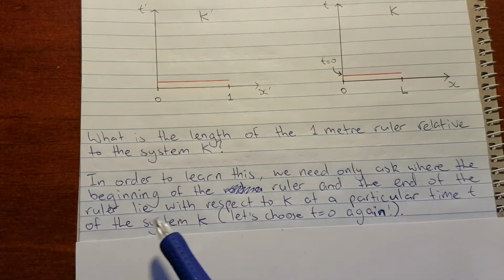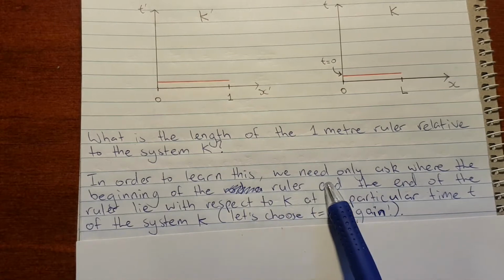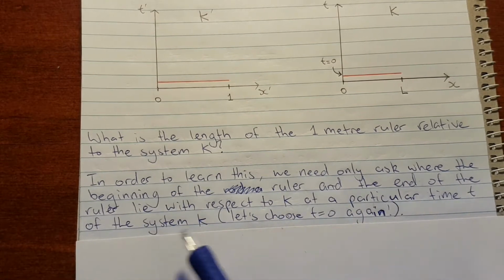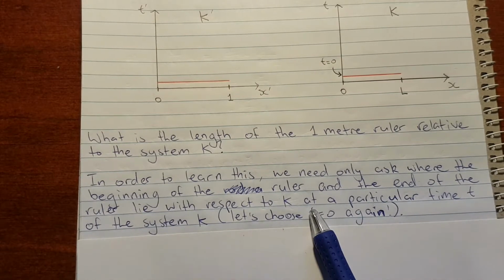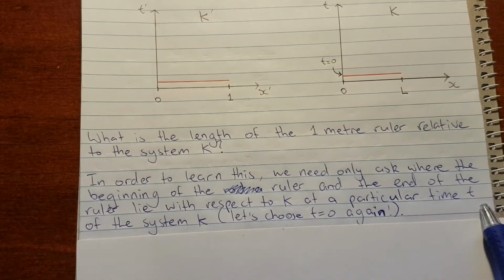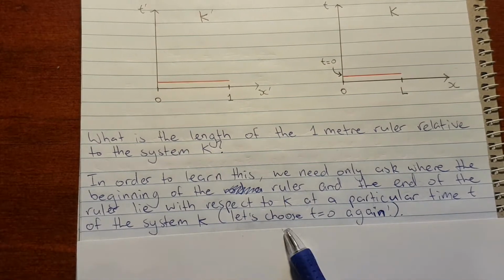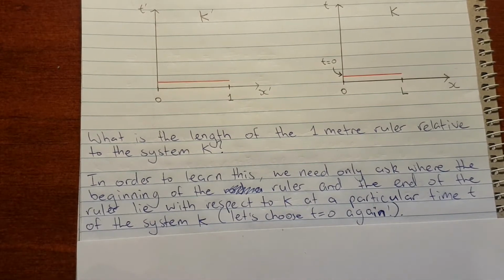In order to learn this, we need only ask where the beginning of the ruler and the end of the ruler lie with respect to K at a particular time t of the system K. So let's just choose t equals 0 again, because t equals 0 is easy. It doesn't matter what time.